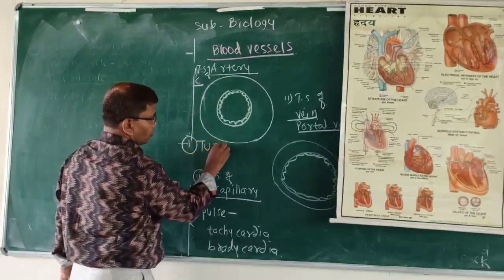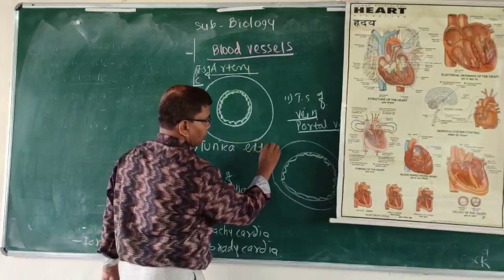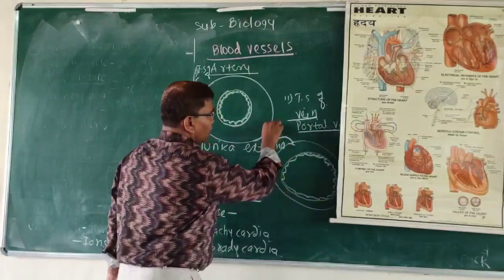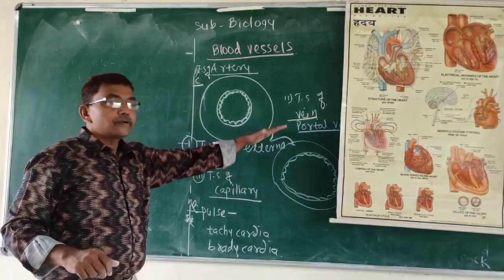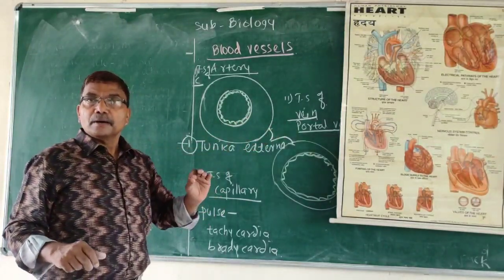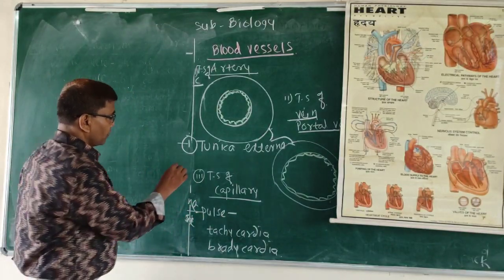First is the tunica externa, the external layer of the blood vessel, which is formed from tough fibrous material and is protective in function.